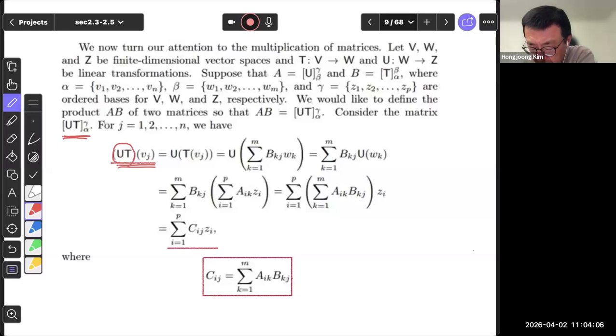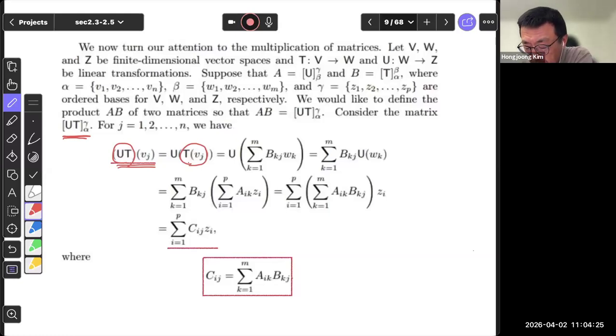So let us think about this image. The image of Vj under UT: you first consider the image of Vj under T, and then you will map this to something under U, right?